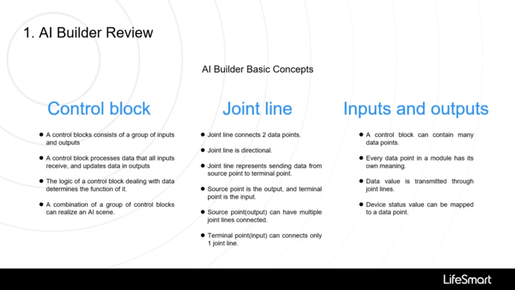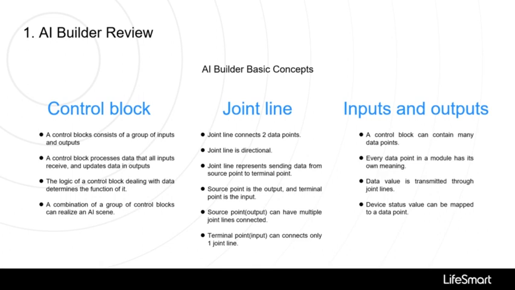These are the joint lines of an AI. The joint line is directional, so you will see a green arrow in an AI template if you edit it. A joint line represents sending data from a source point to a terminal point.